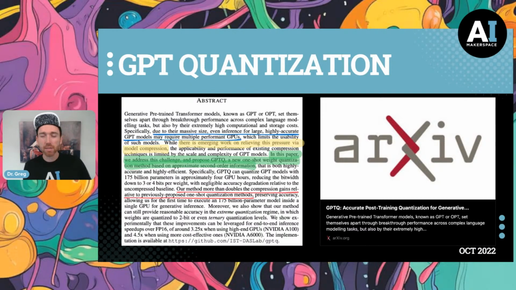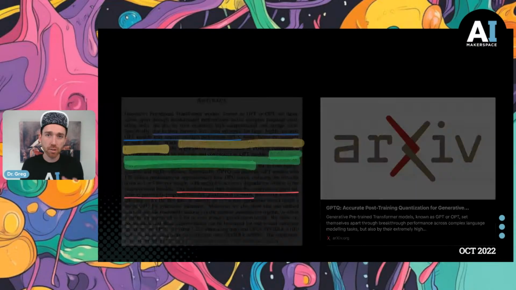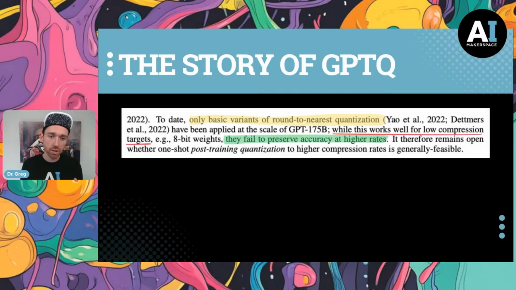Okay, one-shot doubles the compression gains. What does that mean? Let's dig a little bit deeper into the story of GPTQ. As they'll tell you in the paper, circa 2022, only basic variants of round to nearest quantization have been applied at the scale of GPT 175 billion, GPT-3, back in the day.